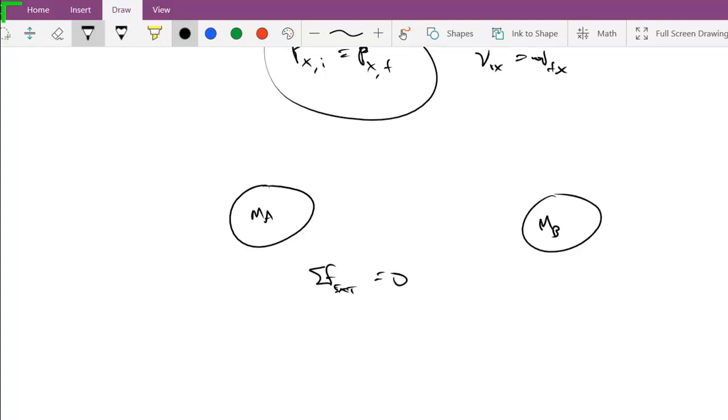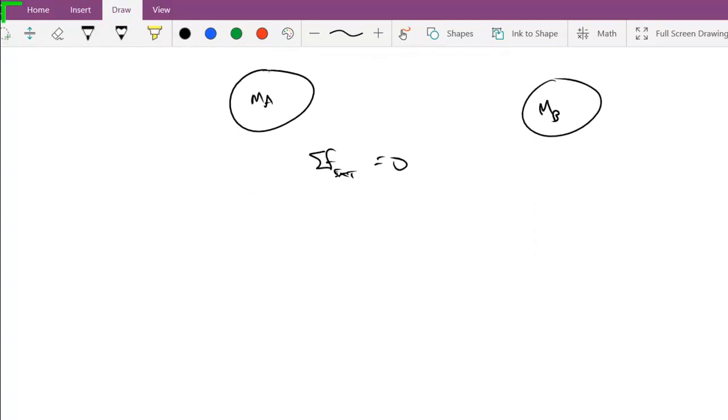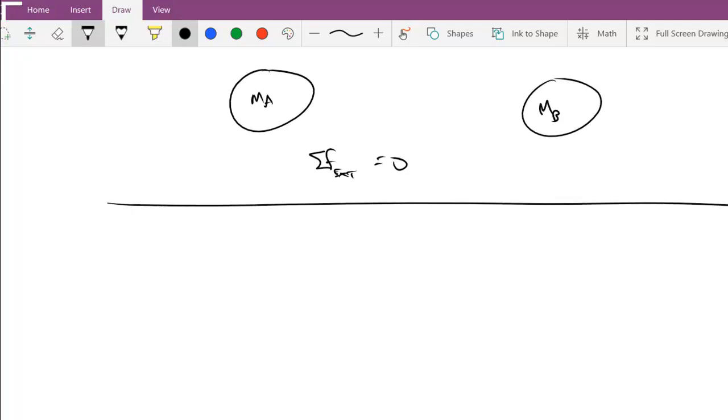So the key to conservation of momentum problems is to draw before and after pictures. So we always draw a before picture. Maybe I have, this is A, this is B, velocity of A, velocity of B. This is all initial.